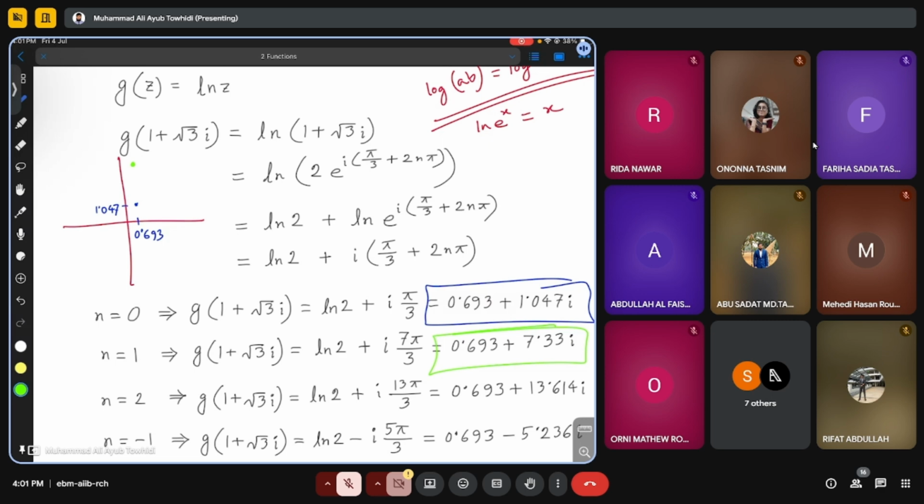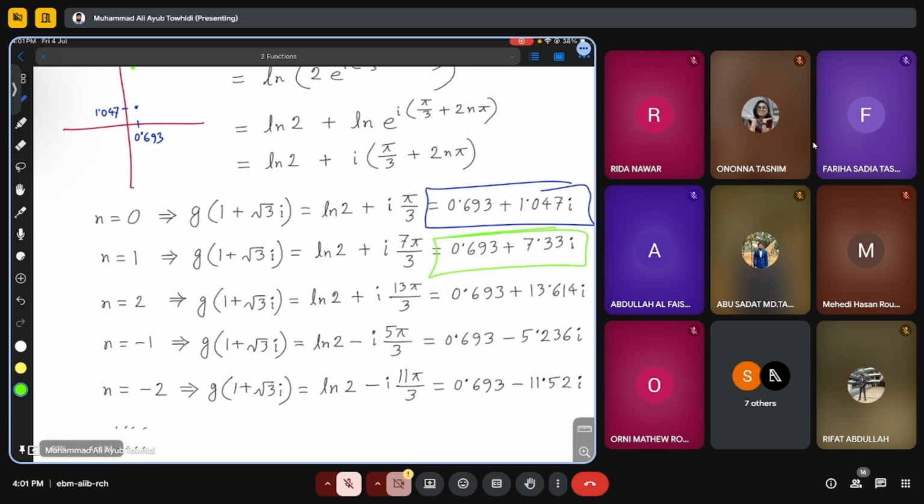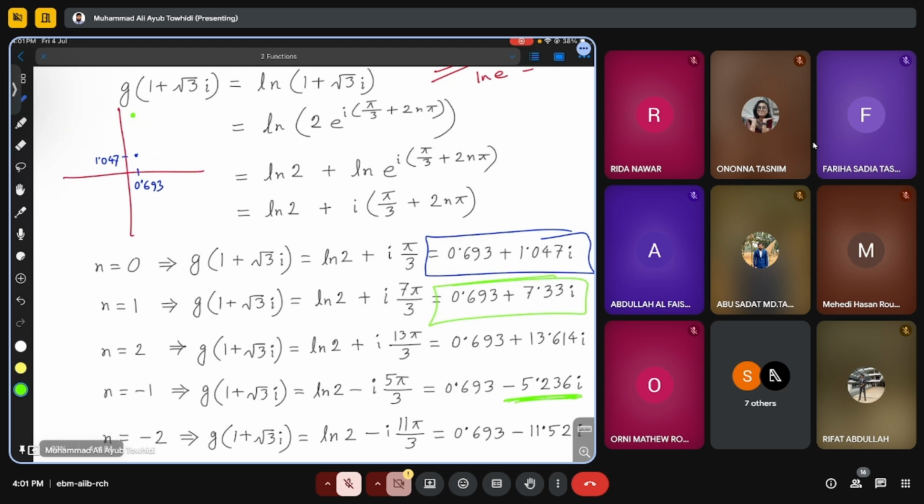If you take 13.6, that will be even higher, like this. Minus 5.236, so here.